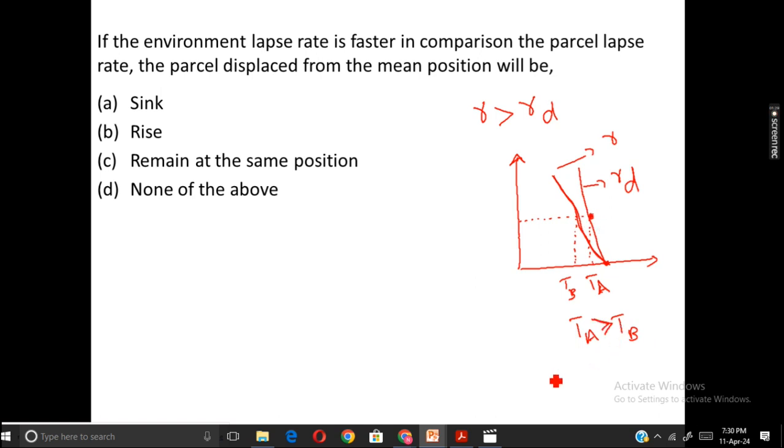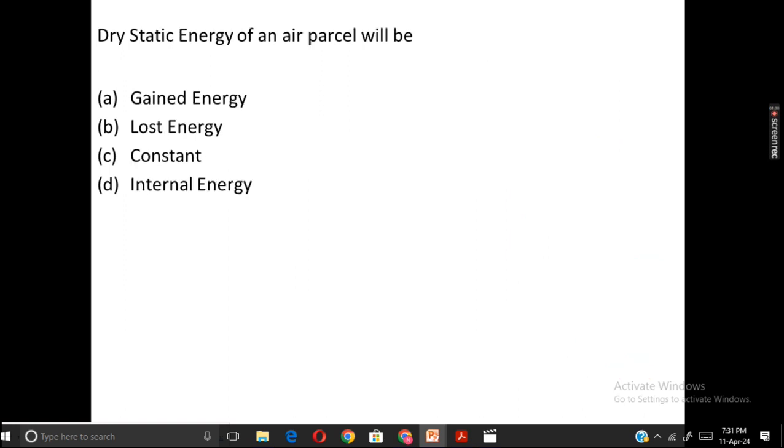The temperature of the parcel is greater than the temperature of the environment. So the parcel will have a tendency to rise. This is the answer. So if the environmental lapse rate is faster in comparison to the parcel lapse rate, the parcel displaced from its mean position will have a tendency to rise.